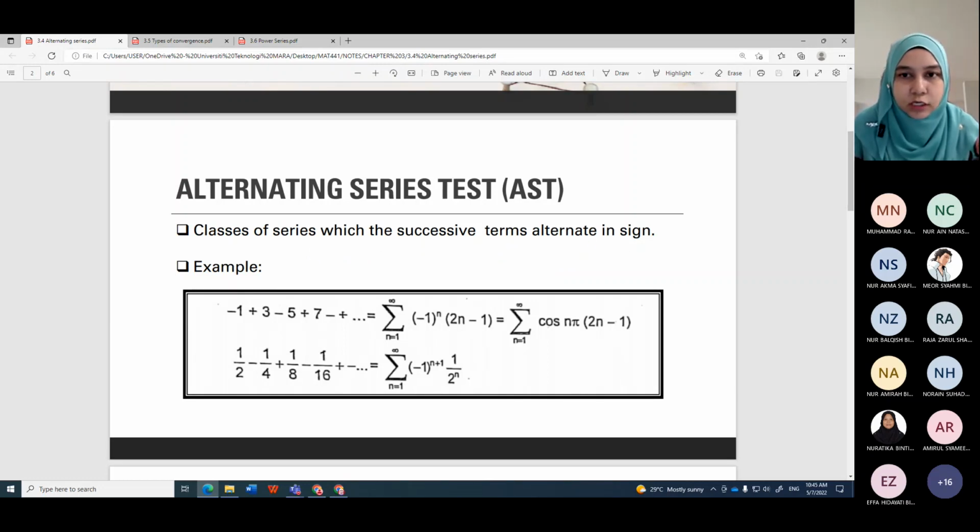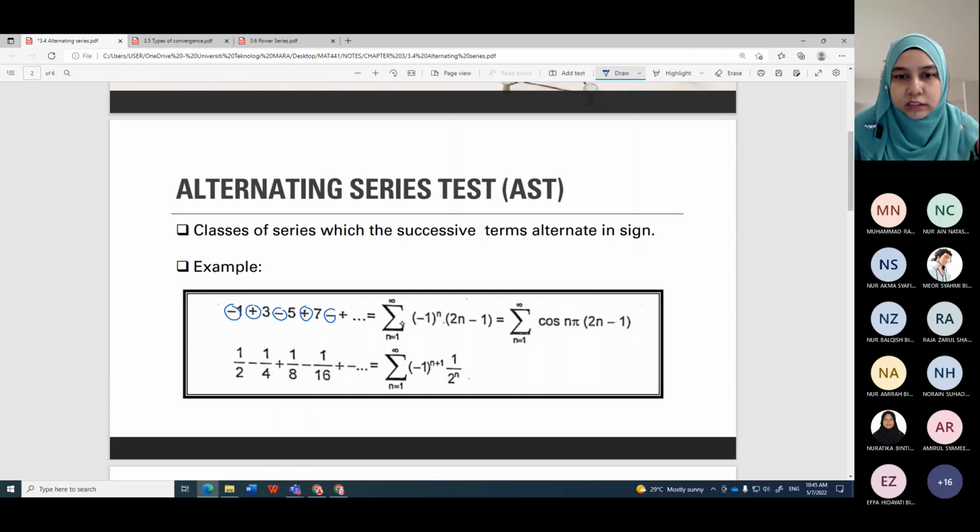For example, we have this series with alternating sign: -1, alternate negative, positive, +3, -5, +7, then minus and so on. This is equal to the summation of -1 to the power of n times 2n minus 1, where n is equal to 1 until infinity.